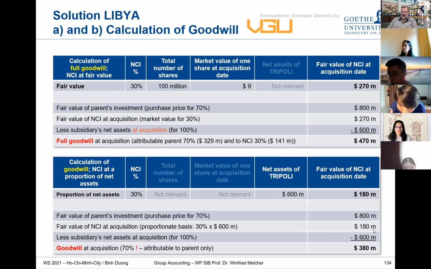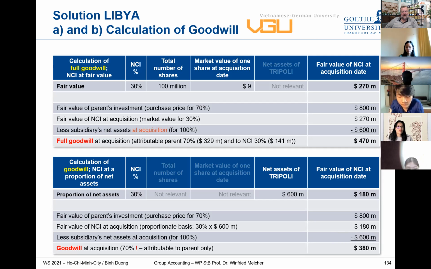So we have 980 million as a fair value for the whole company, 70 plus 30%. So that's 100% of the shareholders. And we have to deduct 100% of the net assets, which is 600 million. So in the end, we have a positive difference of 380 million, and we will call that goodwill.